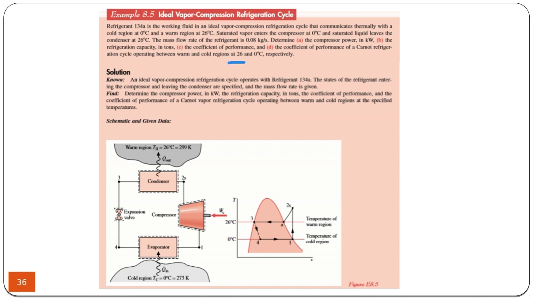So evaporator temperature is 0 Celsius, and condenser temperature is 26 Celsius. You can consider them inside the refrigerator and kitchen, for instance. The refrigerant mass flow rate is given, so M dot is given.